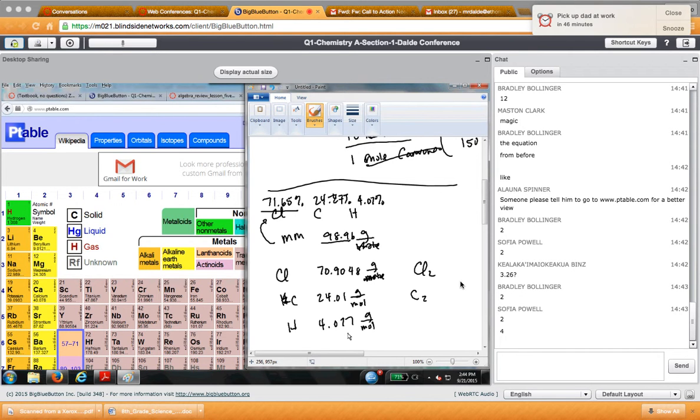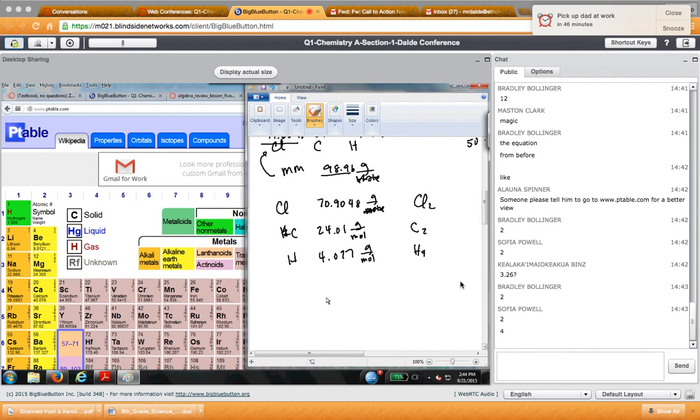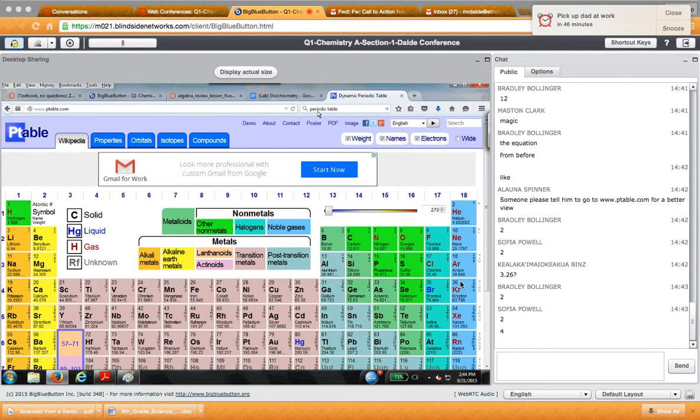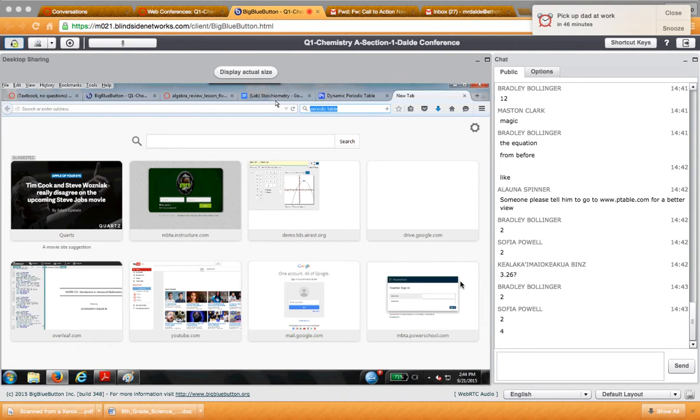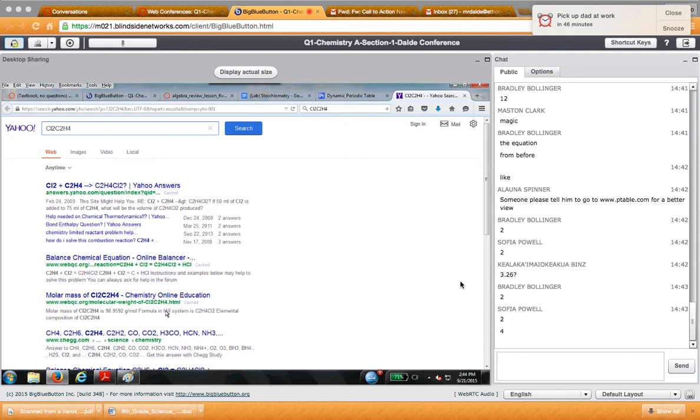All right. So apparently, and I'm not sure if this is exactly how the formula goes, but it's Cl2C2H4, which I'm almost curious to know what that chemical is. Let's see what Cl2C2H4 is.